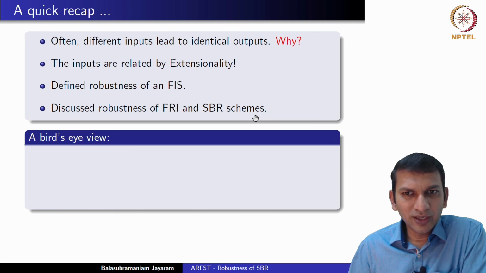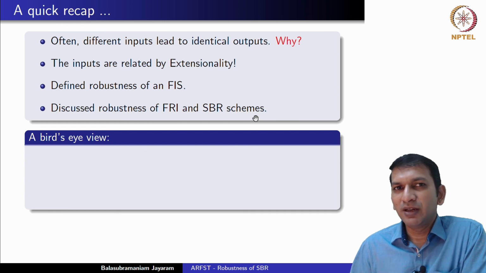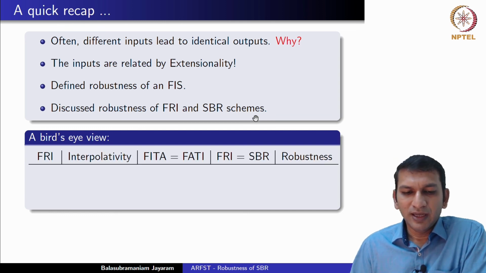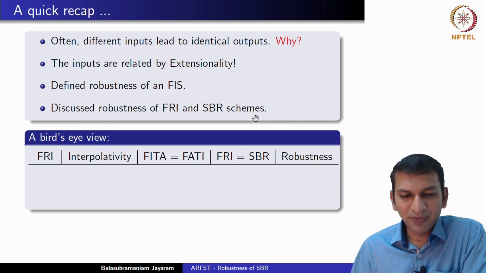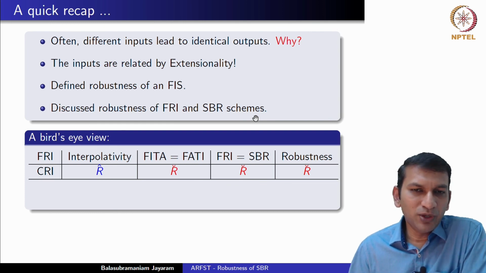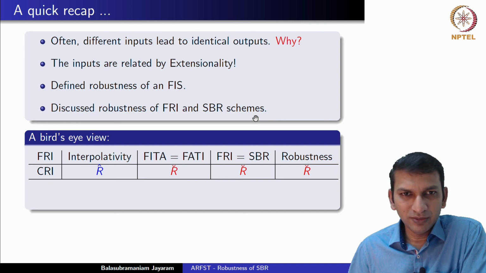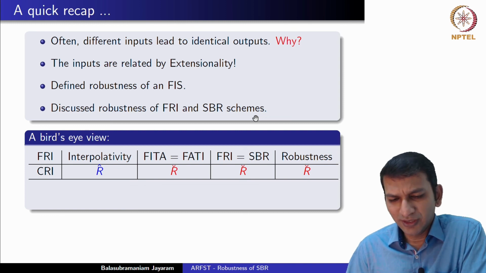Once again, let's look at the CRIs and the FRIs in SBR in terms of the corresponding relation that we use. In the last 2-3 weeks, we have been discussing interpolativity, continuity, and robustness. If it is CRI, we see that for interpolativity, R cap plays a role. If it is a solution to that fuzzy relational equation, then it has a solution and there can also be other solutions.